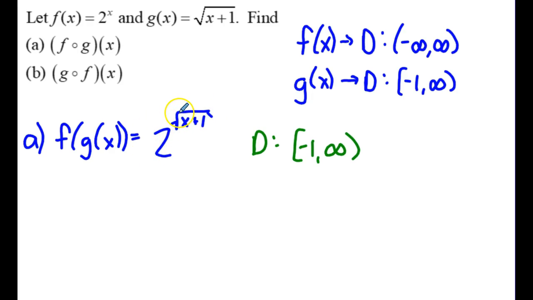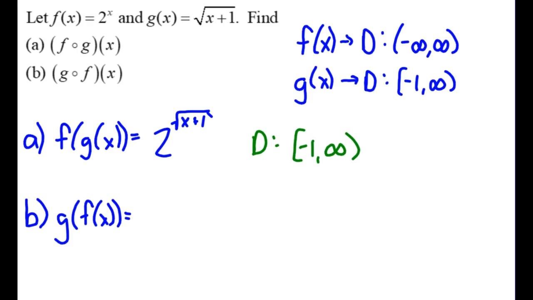We have an exponent where we can have negative or positive numbers in the exponent, but since we have this radical, we still cannot include negative values underneath the radical. So our domain for that would be negative 1 to infinity as well. So where those two intervals, those two domains overlap, well, they're the same. So our domain for this whole composition is negative 1 to infinity.